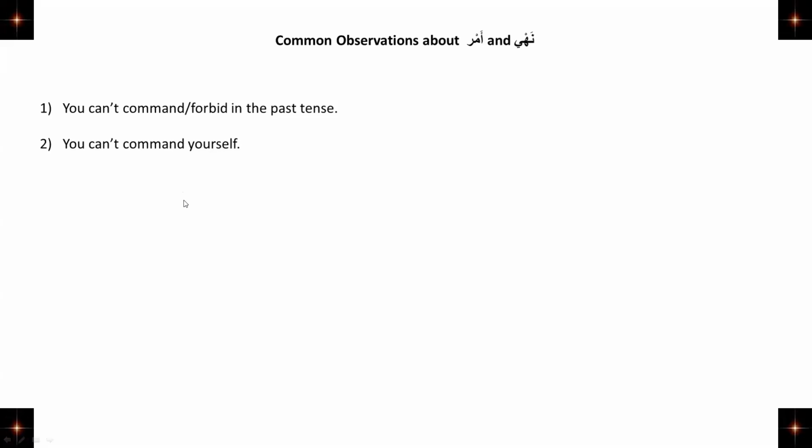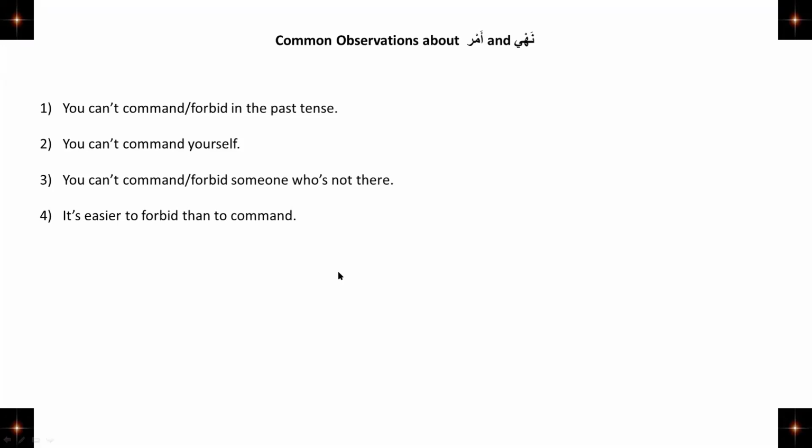You can't command or forbid yourself. And you can't command or forbid someone who is not there. Al-ghaib. So ghaib cannot be commanded or forbidden. Okay? You can't forbid somebody who is not in front of you. You can only forbid somebody who is in front of you, isn't it?